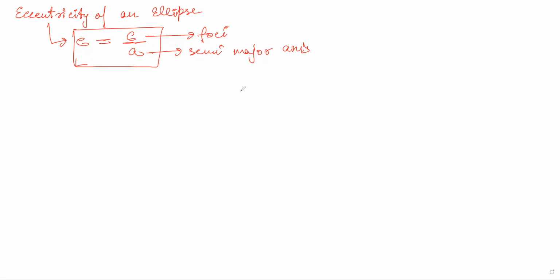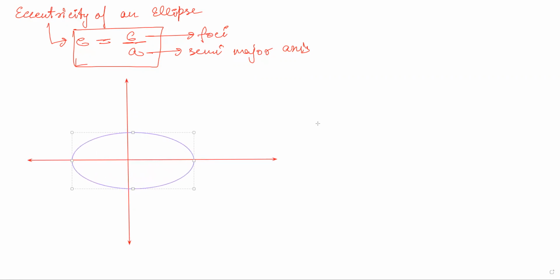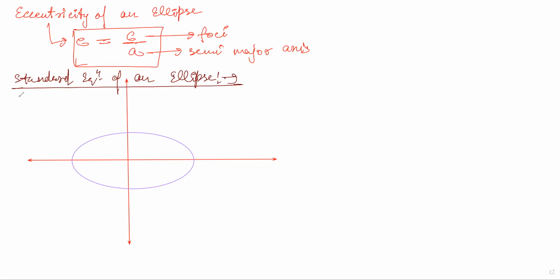Now, how can we write this? Using the same concept that we were talking about, put the heading as standard equation of an ellipse. So first we are talking about the horizontal ellipse.